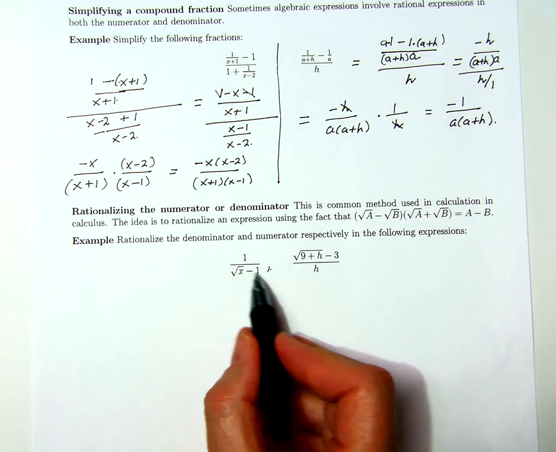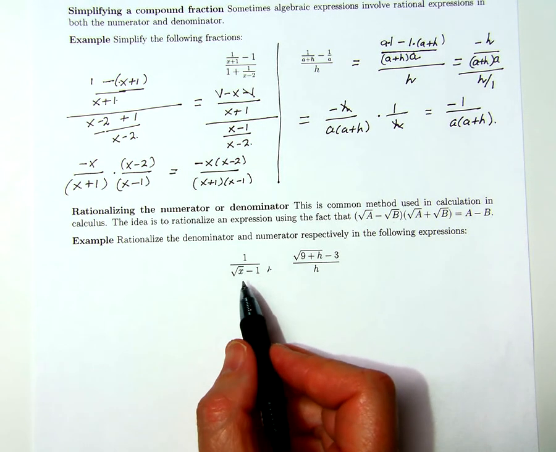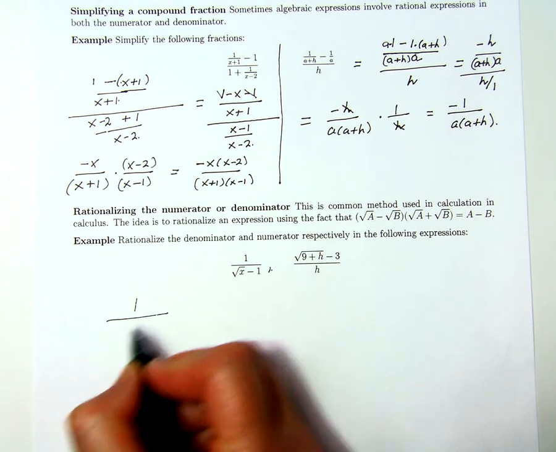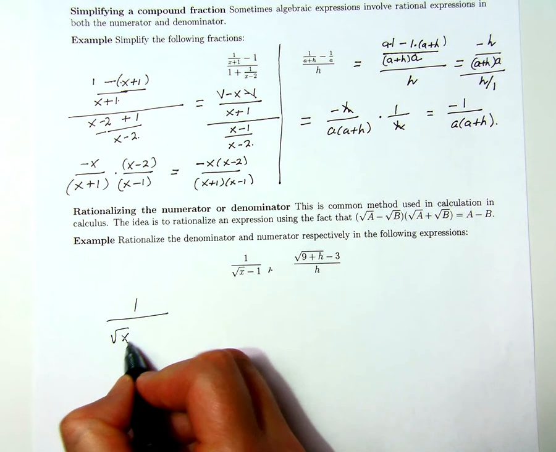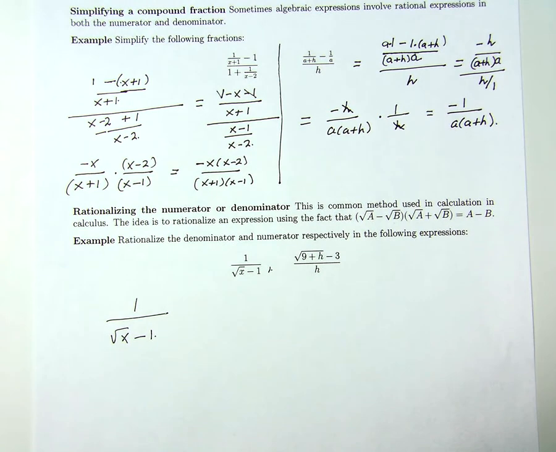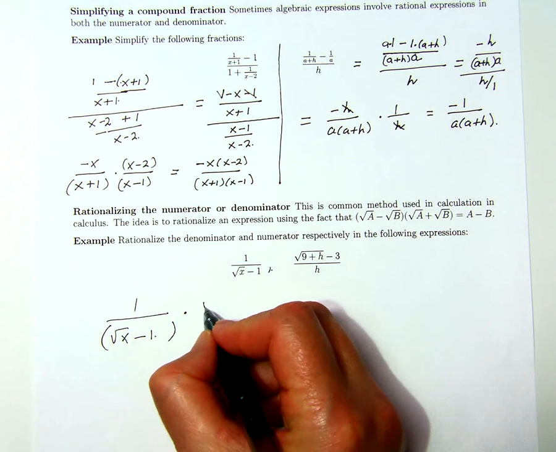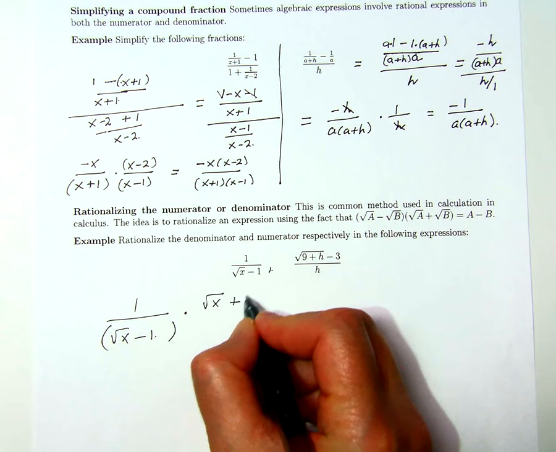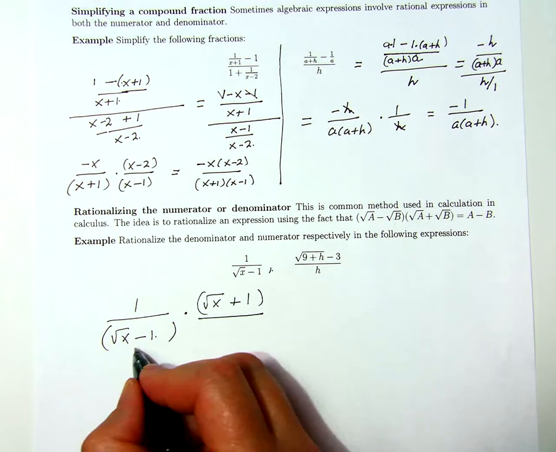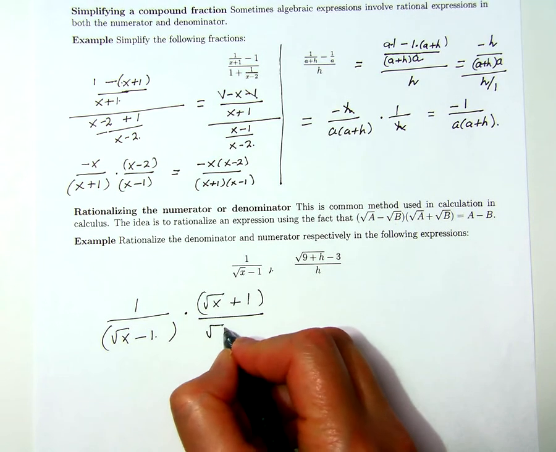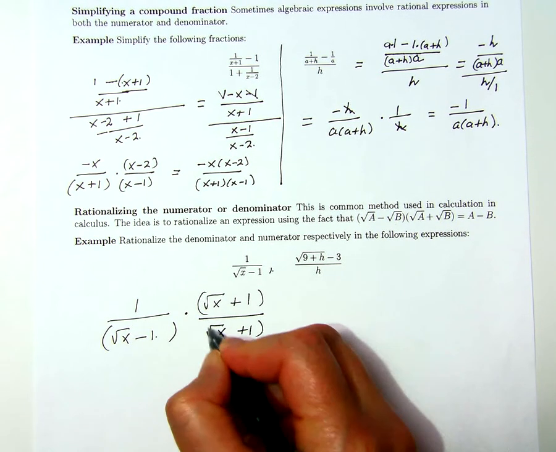Suppose I want to make the denominator into a polynomial here, or rationalize the denominator. The trick is that I multiply by what I call the conjugate, the square root of x minus 1, which is the square root of x plus 1.